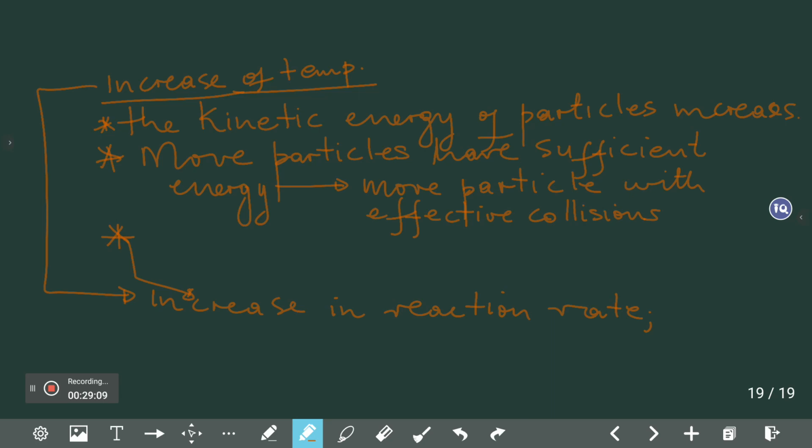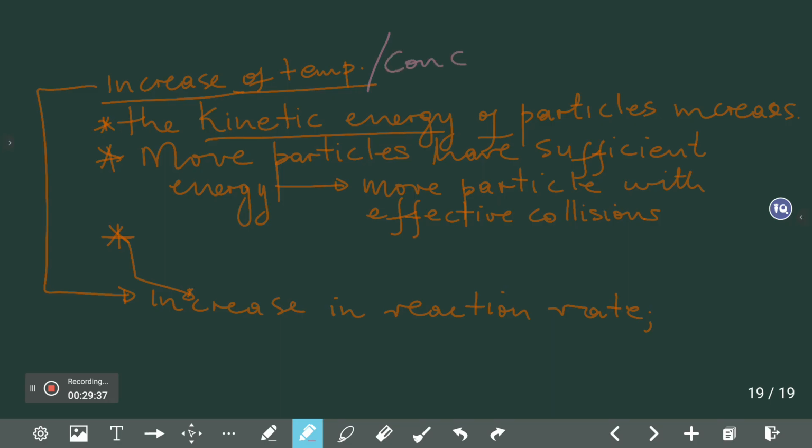Then the question might be, what about concentration? An increase in concentration means what? The number of particles is what increases, not the energy, but the number.